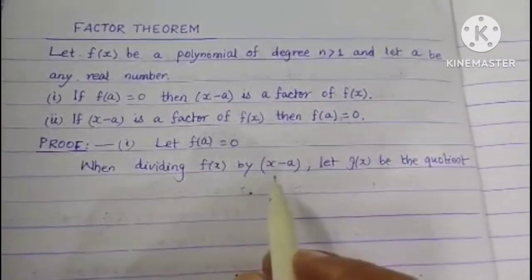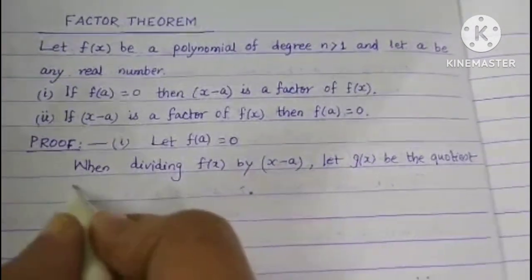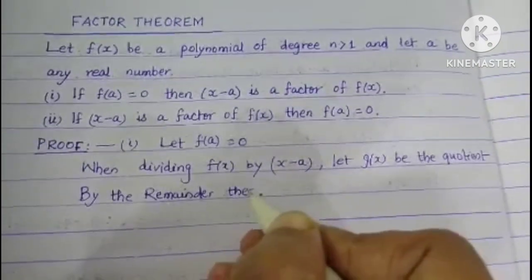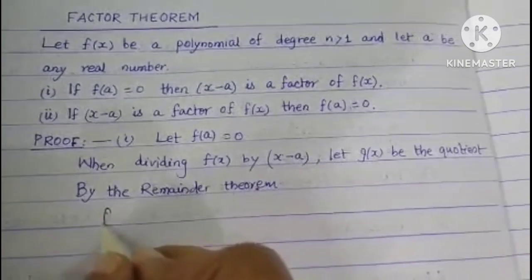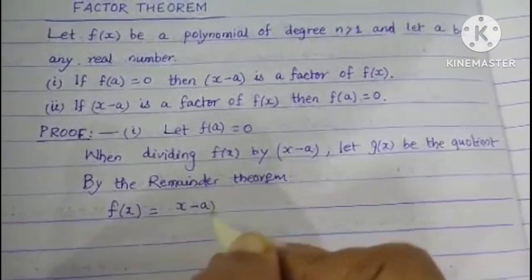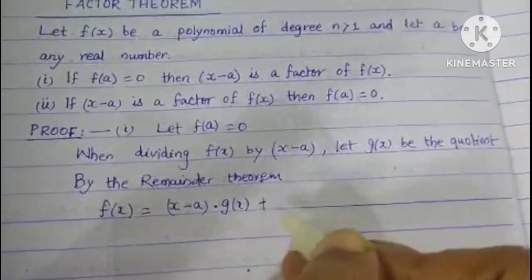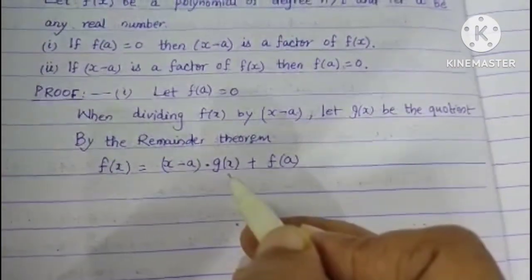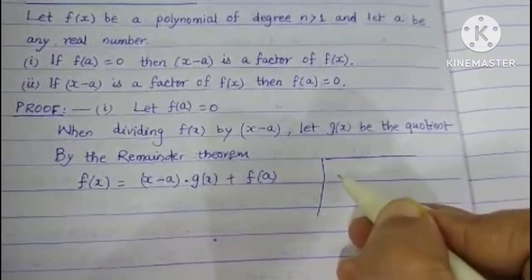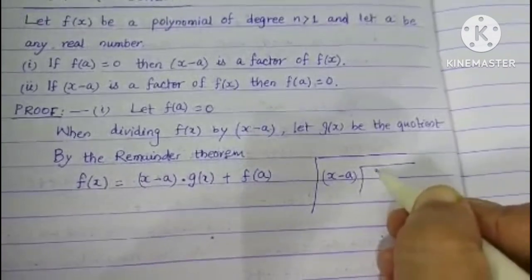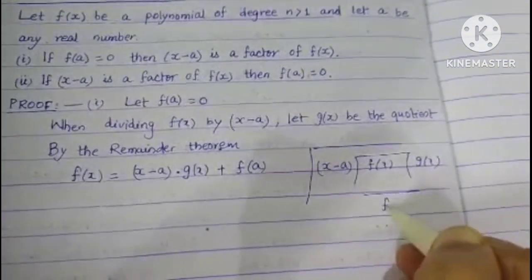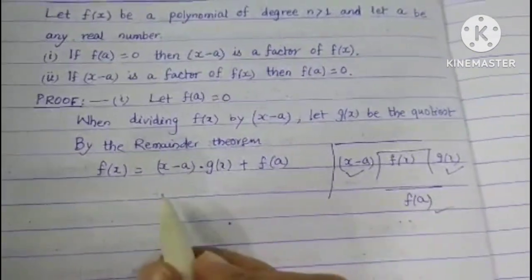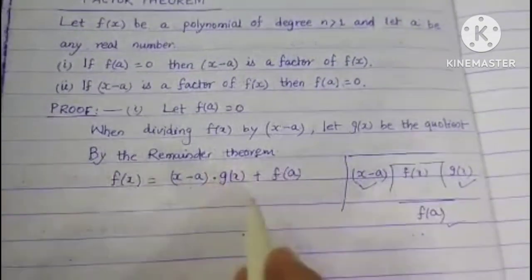Then by the remainder theorem, we know that f(x) equals (x minus a) into g(x) plus f(a). Here x minus a is the divisor, g(x) is the quotient, and the remainder is f(a), which we had discussed in the remainder theorem.